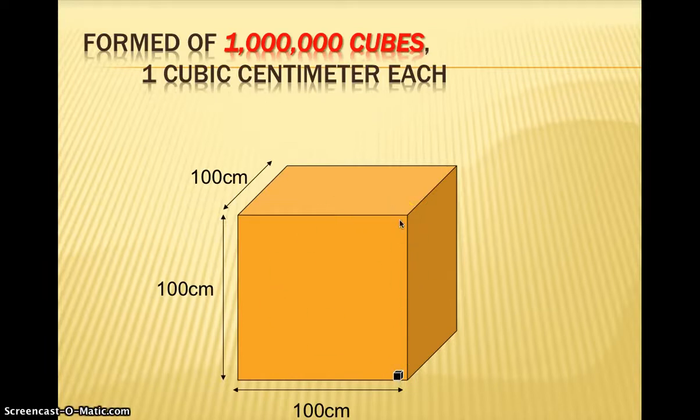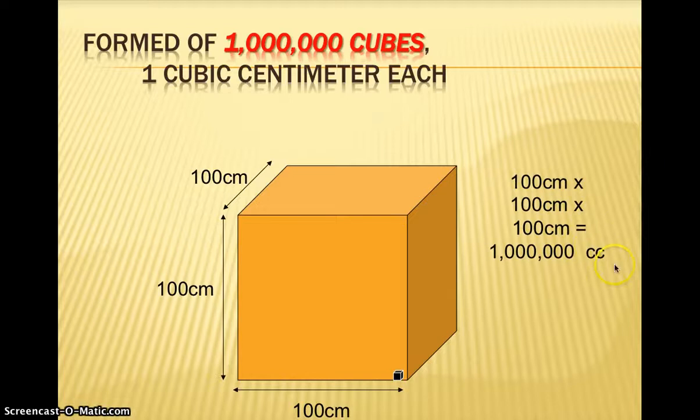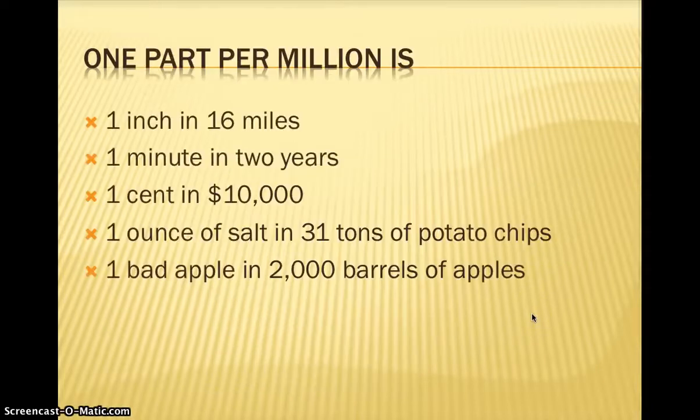There's actually 1 million of them that could fit in that area. So that's going to give you 1 million cubic centimeters. 1 block, 1 part per million. There it is. So take a look at what 1 part per million means.